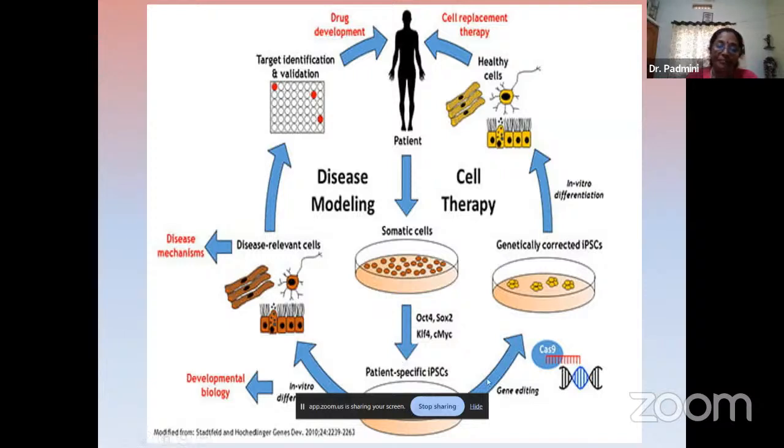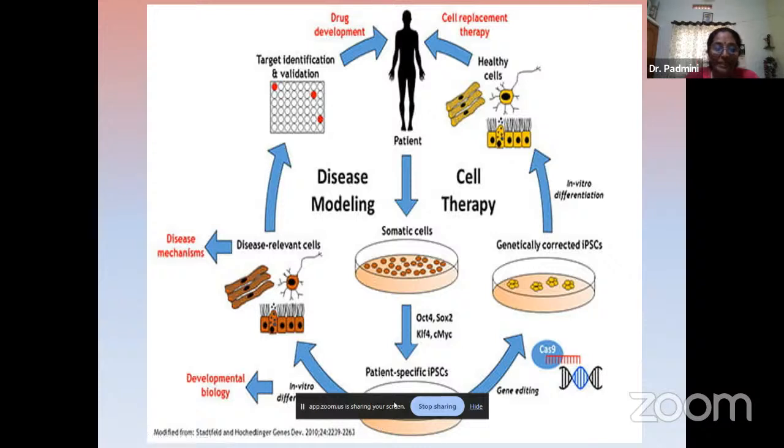With the help of a little bit of gene editing, you can correct the iPS, then induce them into healthy cells, and these cells can be replaced into the patient. This is called cell replacement therapy.